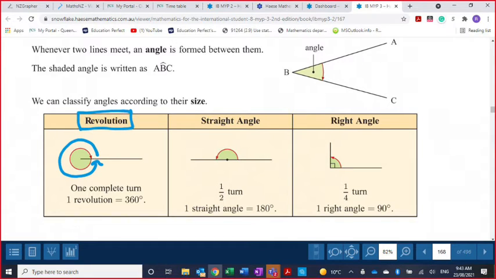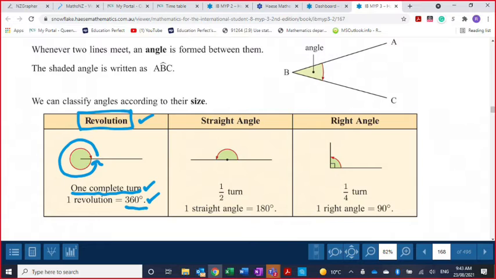So a revolution is one complete turn, and it equals 360 degrees because it makes a whole circle, and any circle is always 360 degrees. If you start in one spot and come all the way back and end at exactly the same spot, then that's a revolution, and the measurement is 360 degrees. So you need to know the name of it, you need to know that it's a complete turn, and you need to know the number of degrees.